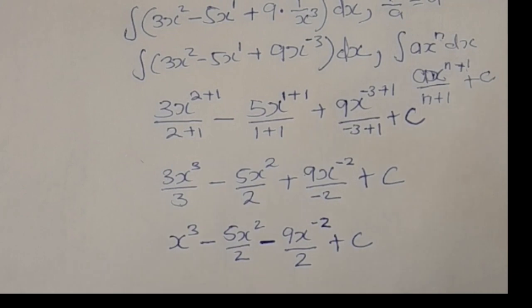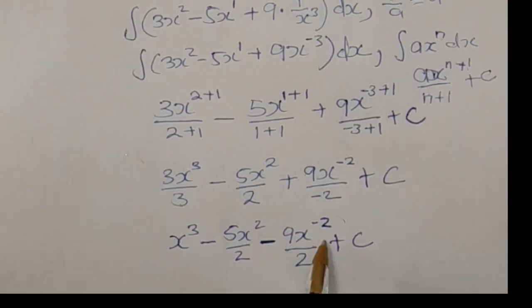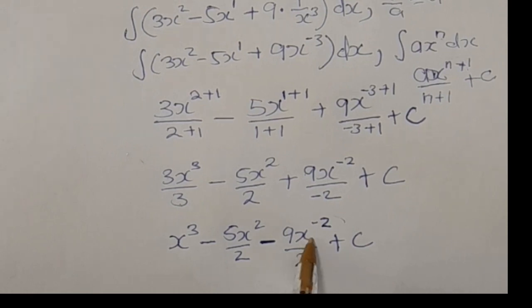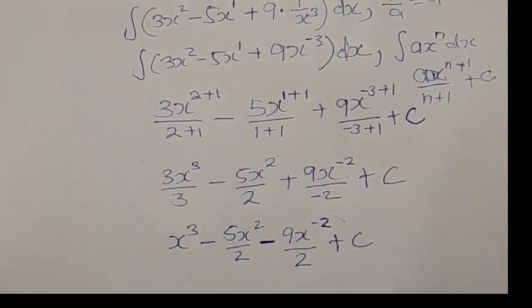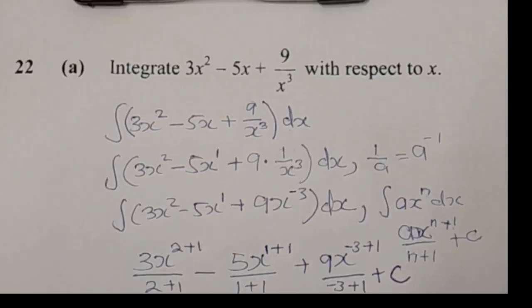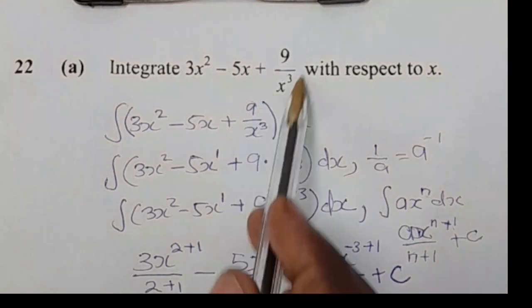At this stage, you can leave your answer like this, but it's not advisable to leave your answer with negative powers like this. So you have to convert this negative power into a positive power, so that we rewrite it back in this form.